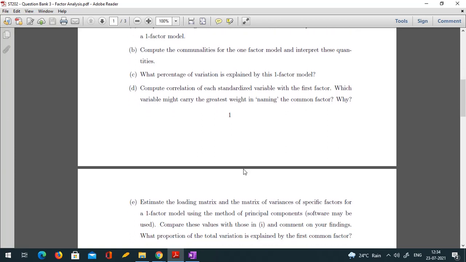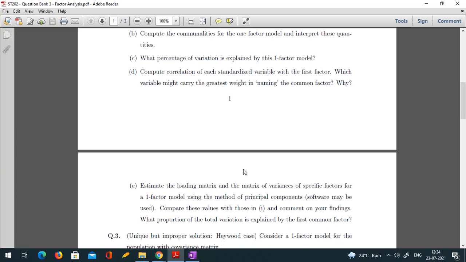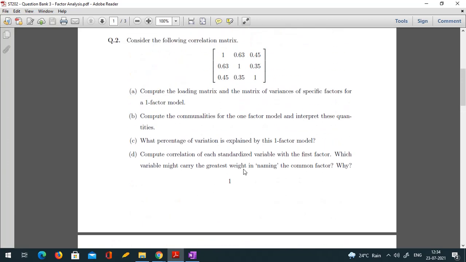Ma'am, in this question what happens is D equals 0, so it gives a unique solution. Correct. But in the first part we calculated with PCA, so instead we could have gone with Heywood's method, since we have PCA in part E to compare two models. No, but Heywood's method has nothing to do with D equal to 0.